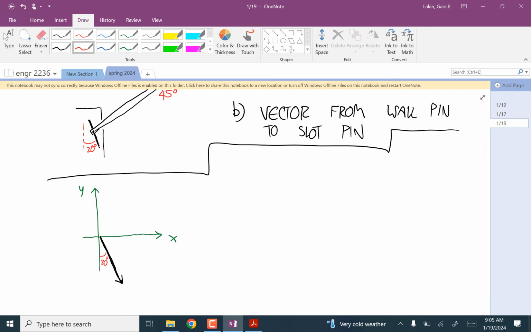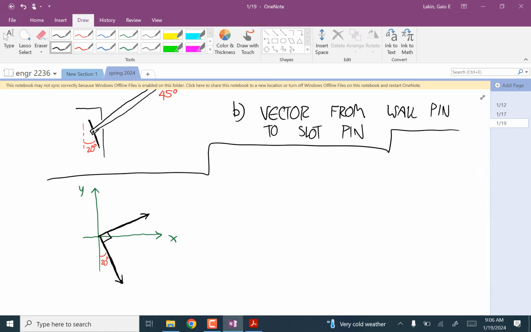And now we know that we want a vector that's perpendicular to this one. That's the vector that we really want. So now I'm going to draw a vector perpendicular. These two are 90 degrees apart. And we want the counterclockwise angle from the x-axis to this vector. So now what's that going to be? You can think of it this way.